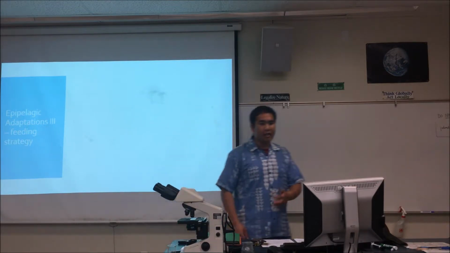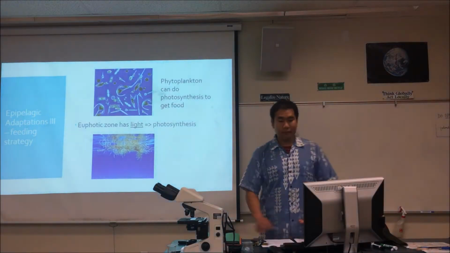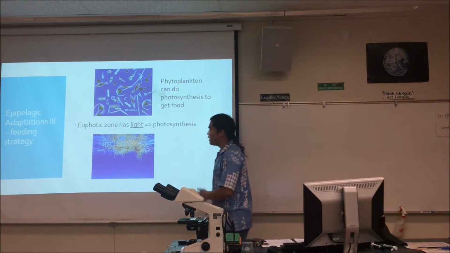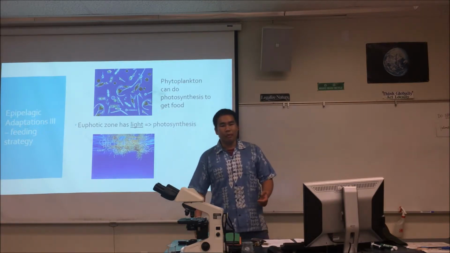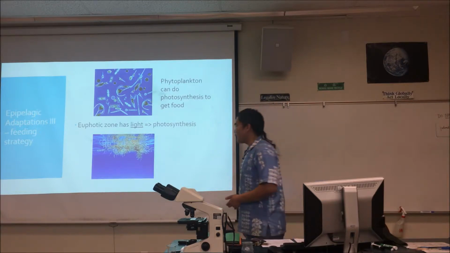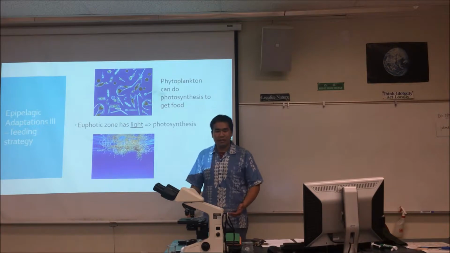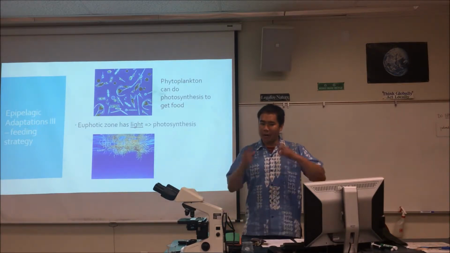So inevitably, the most popular feeding strategy is photosynthesis. Photosynthesis is the most popular feeding strategy in the epipelagic. And that makes sense, right? When I say popular, it means most of the organisms here are doing it. And considering that primary producers have the most biomass, do they have the most biomass? Yes, because they're on the bottom of the trophic pyramid.